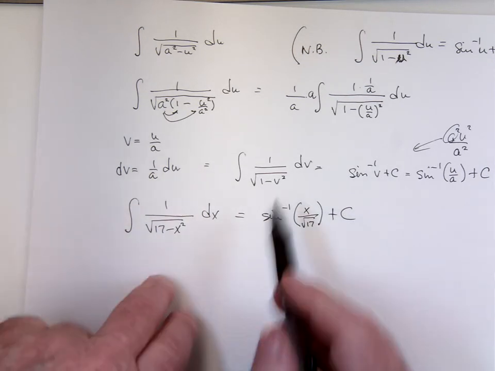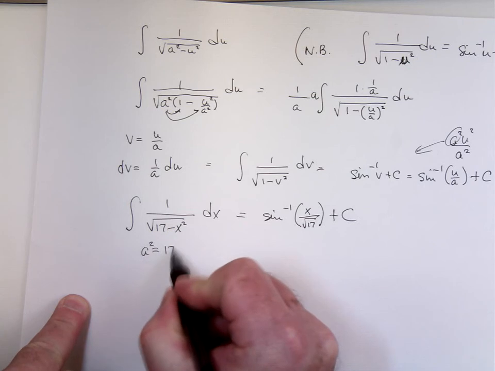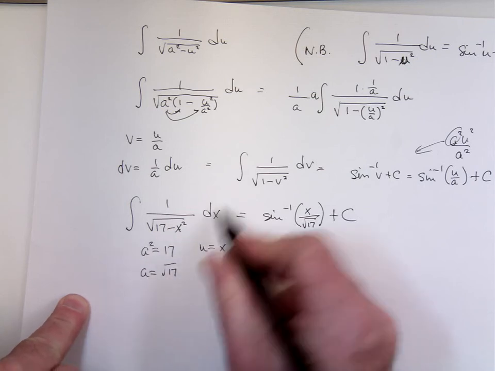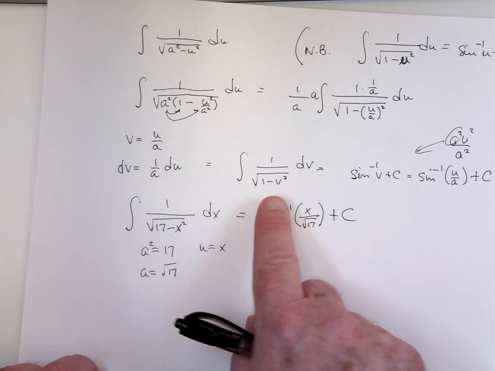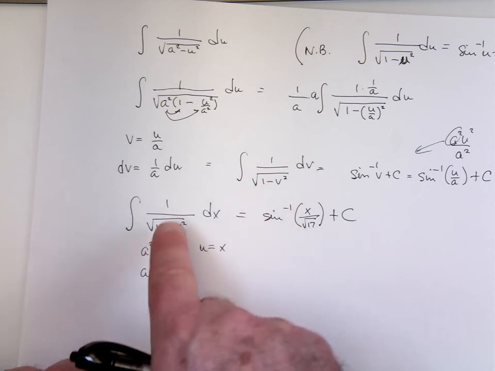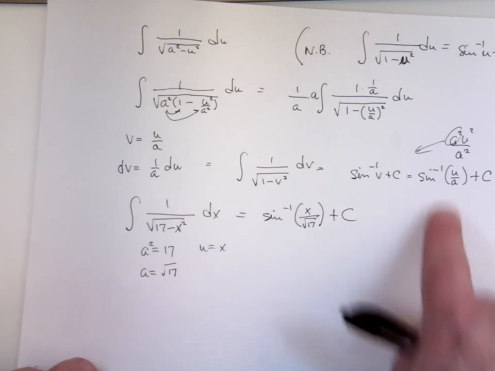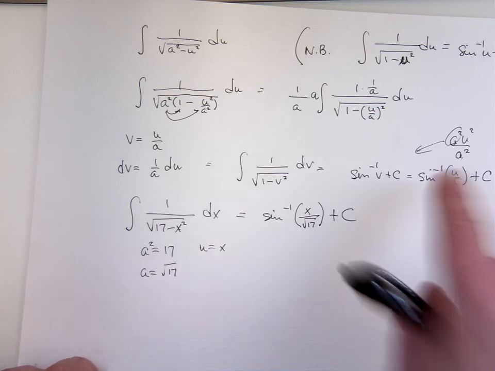This is my a squared. A is the square root of 17. U is equal to x. The du is dx. I don't even have to multiply by anything to get it. Okay? I have the form directly. A squared minus, well, v squared in this case. That is the answer right there. U is x, a is the square root of 17. That's what you need. Is everybody okay with this?